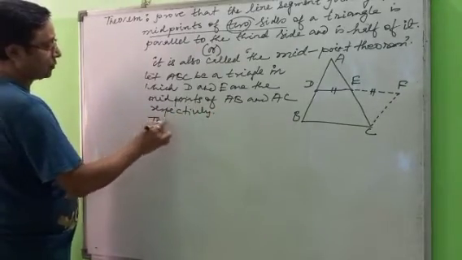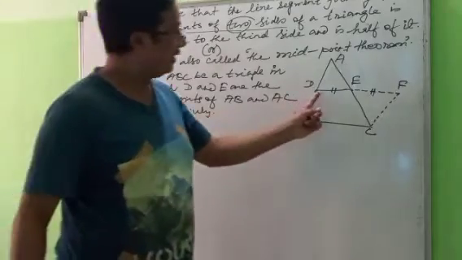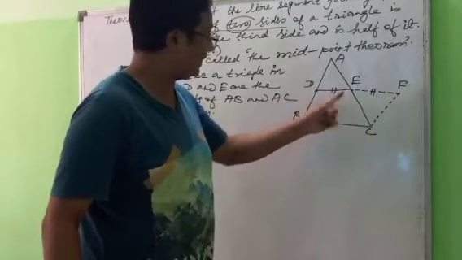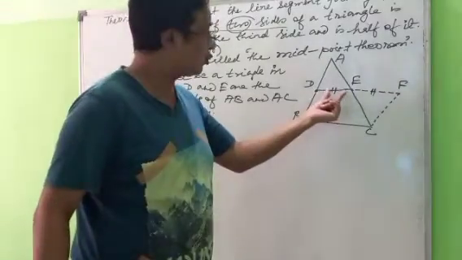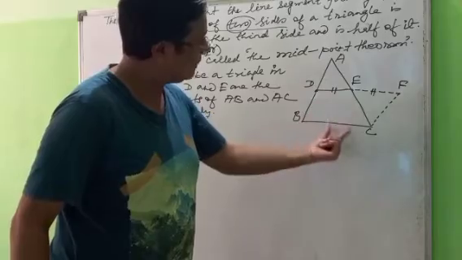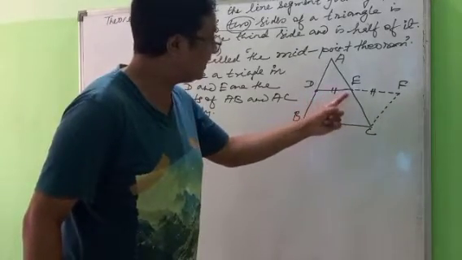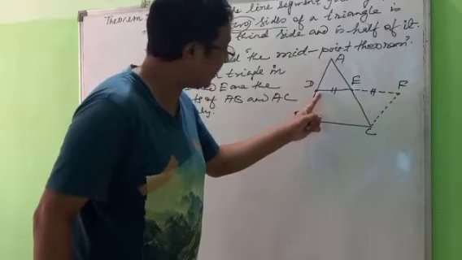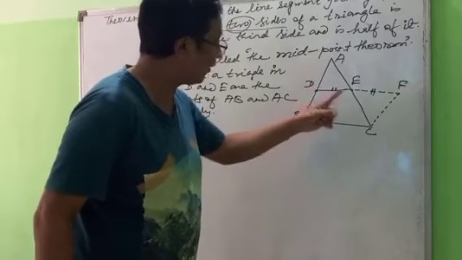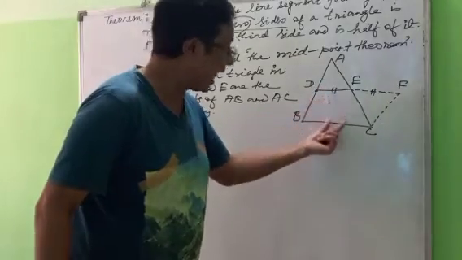Now to prove: the line segment DE that joins the midpoints D and E should be parallel to the third side, BC, and is half of it.